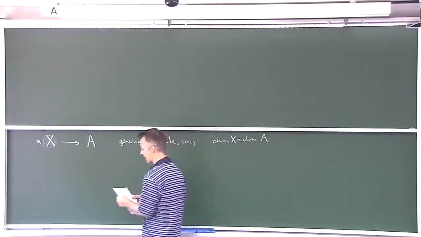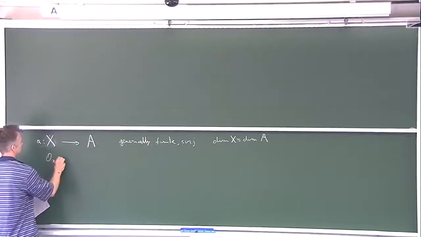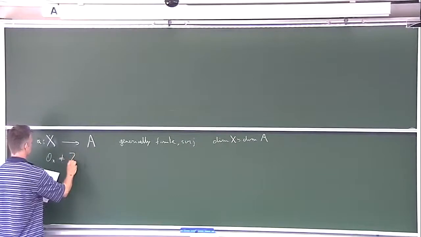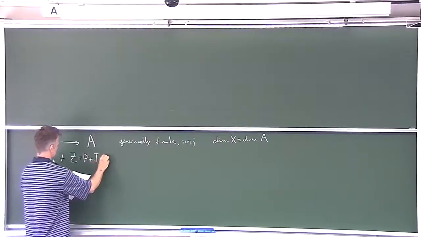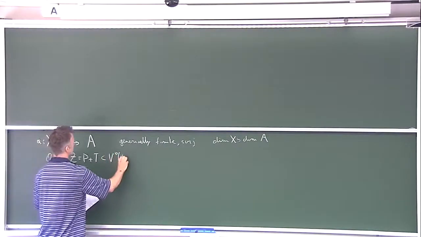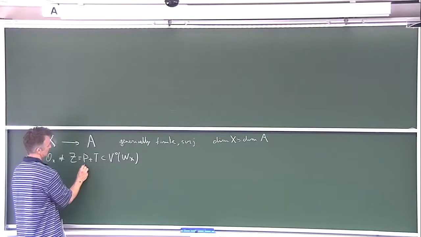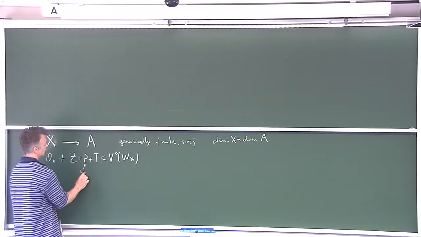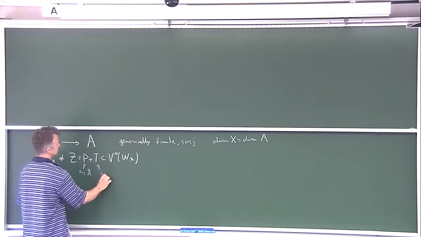Now, what we had is some irreducible component of the form P plus T contained in V0 of omega X. Here P is a torsion element of A hat, and T is a subtorus.